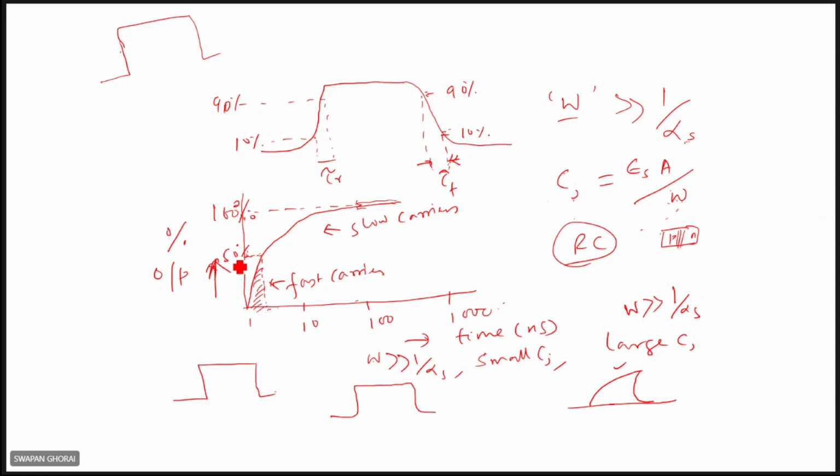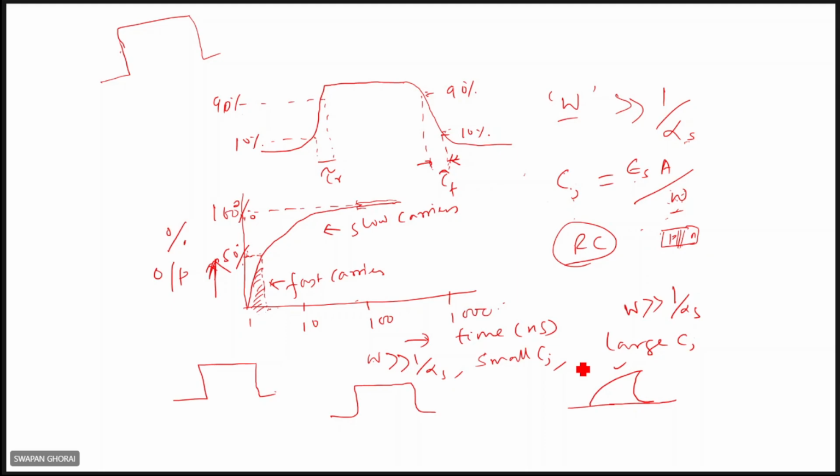And the junction capacitance is determined by the dielectric constant of the photodiode material, the depletion layer area and the depletion layer width. So the junction capacitance will increase if W is very thin. If W is very thin, then the junction capacitance will be quite large, and a large junction capacitance means the response is much distorted.